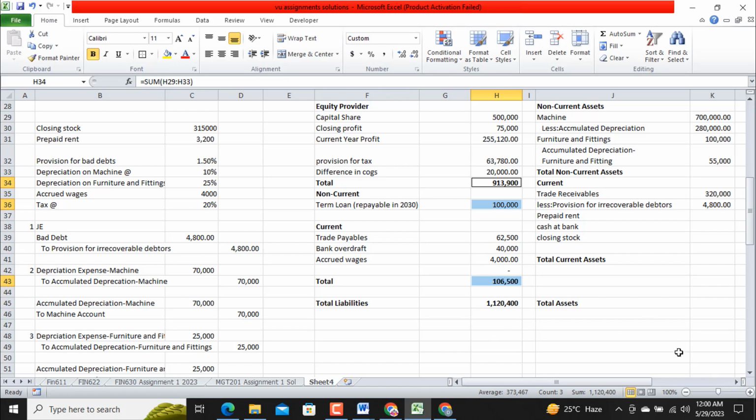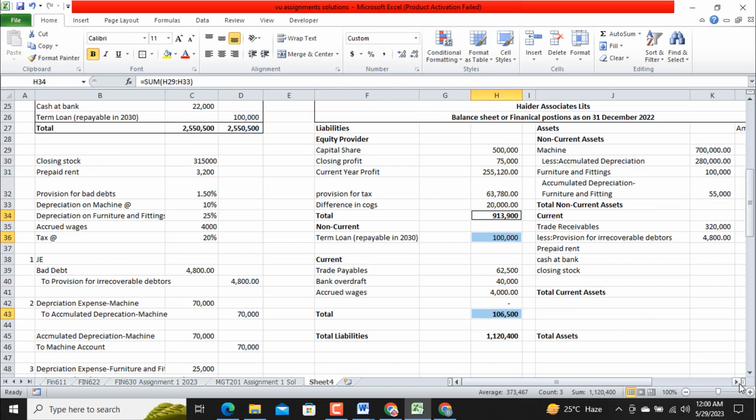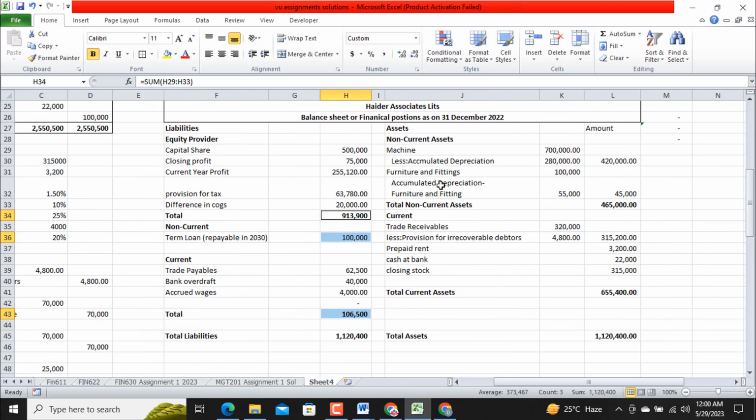or 1,120,400. Now come to the asset side of this balance sheet. Non-current assets include machine at cost 700,000, less cumulative depreciation. In the cumulative depreciation we have added 70,000, and we get this amount. By subtracting 280,000 from 700,000, we get 480,000. Furniture and fittings 100,000.